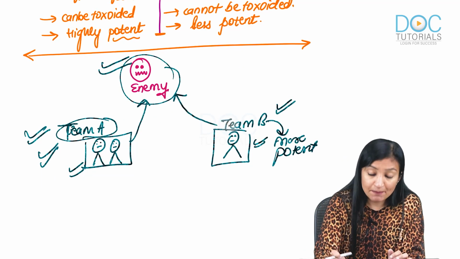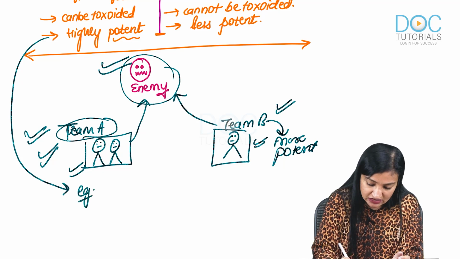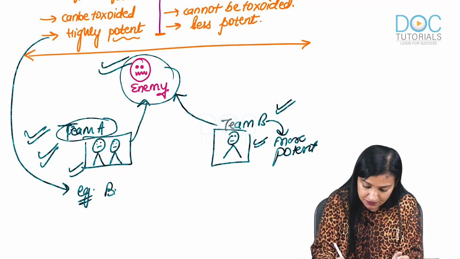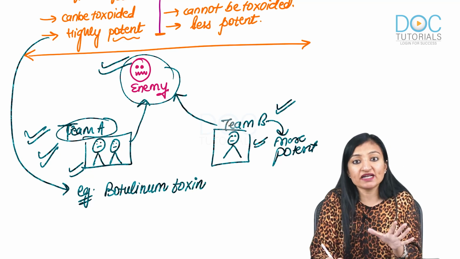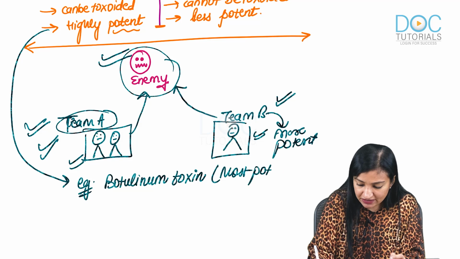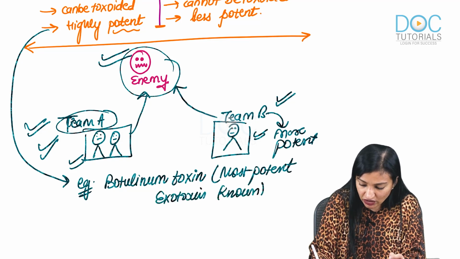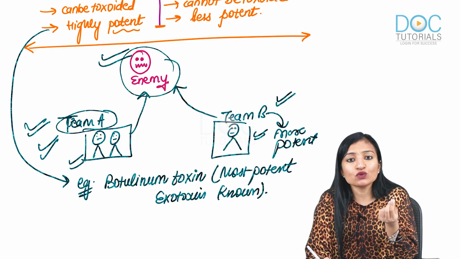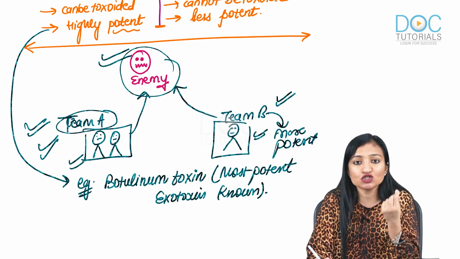Now the example of a highly potent exotoxin is the botulinum toxin, which is by far the most potent exotoxin known. A few grams only can kill half of the population of Delhi. It's so potent.